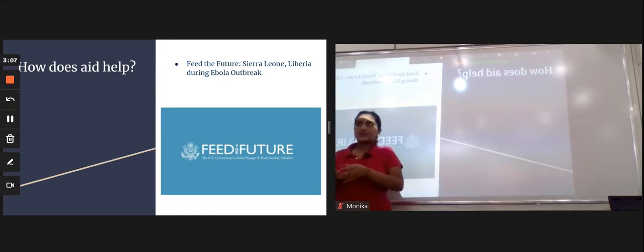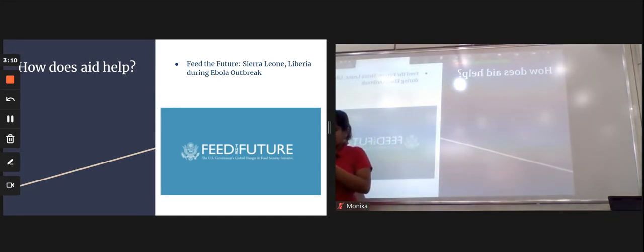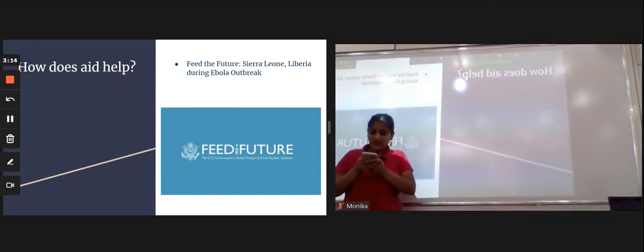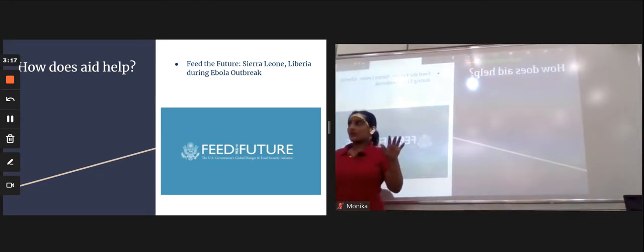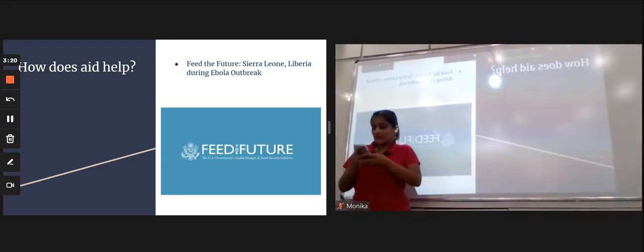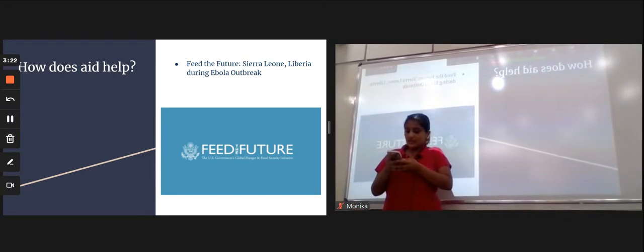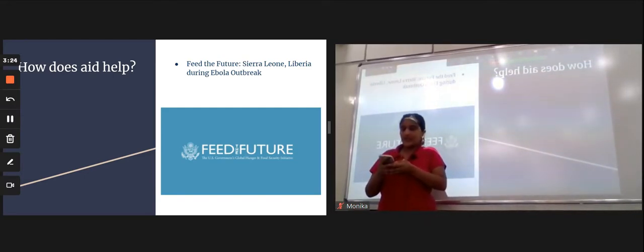So it was especially effective during the Ebola outbreak in 2014 in Sierra Leone and Liberia. When there was a lot of food insecurity in these countries, Feed the Future stimulated the private sector by distributing cash transfers.